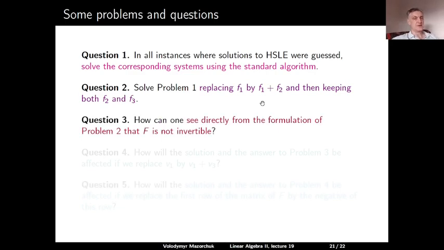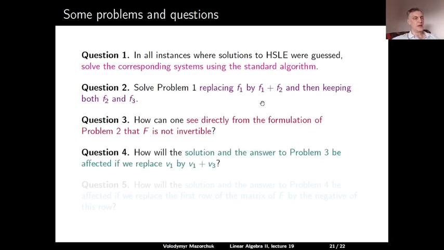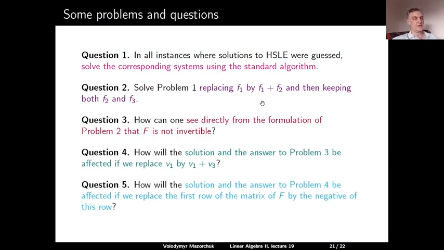How can one see directly from the formulation of problem 2 that f is not invertible? Question 4. How will the solution and the answer to problem 3 be affected if we replace v1 by v1 plus v3? And question 5. How will the solution and the answer to problem 4 be affected if we replace the first row in the matrix of f by the negative of this row?